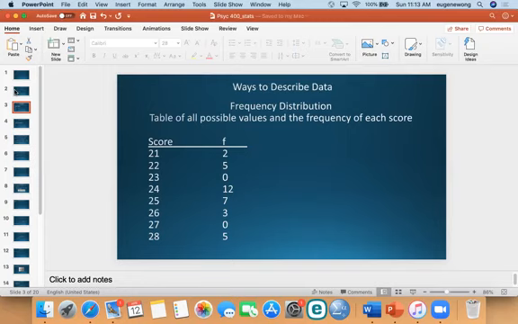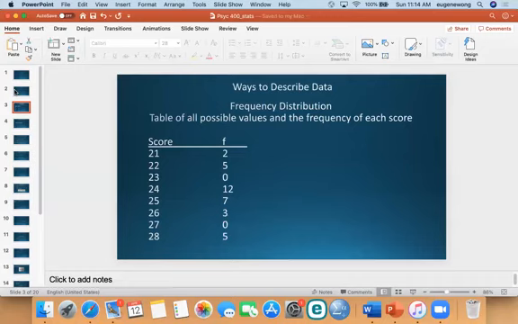For example, if I said, what score happened the most? You could easily look at the column labeled F and say, oh, there's a 12 there, and the score associated with the 12 is a 24. So the score of 24 happened the most. If I were to ask you, were there any scores between 21 and 28 that didn't occur? You could say, yes, 23 didn't occur, and 27 didn't occur.